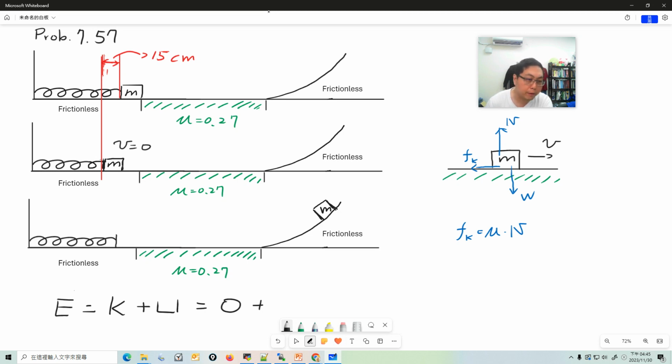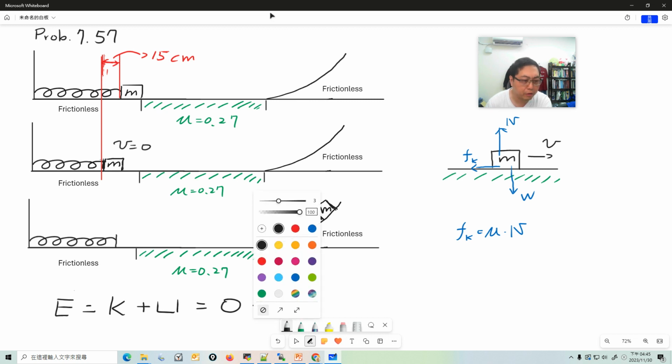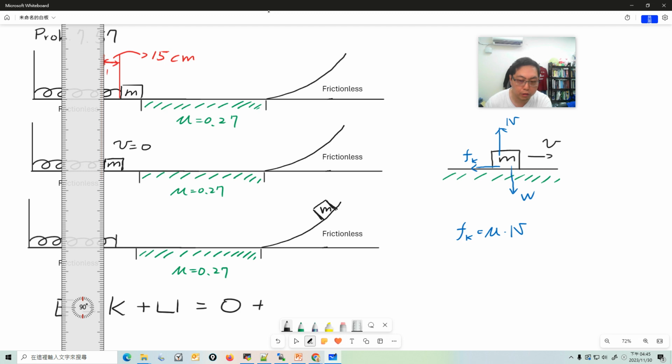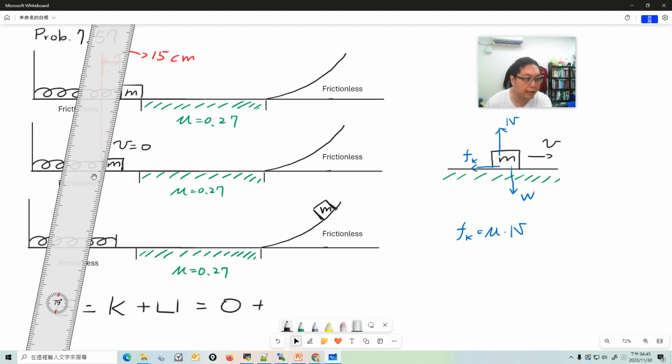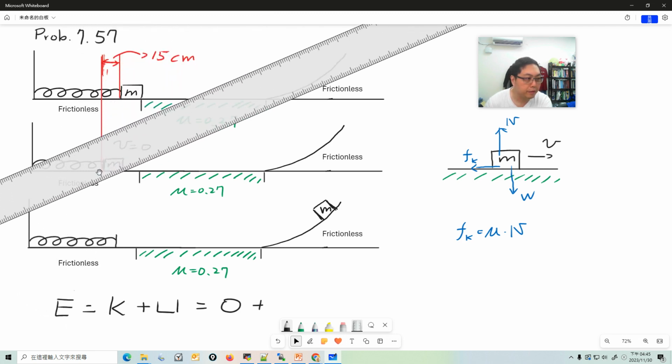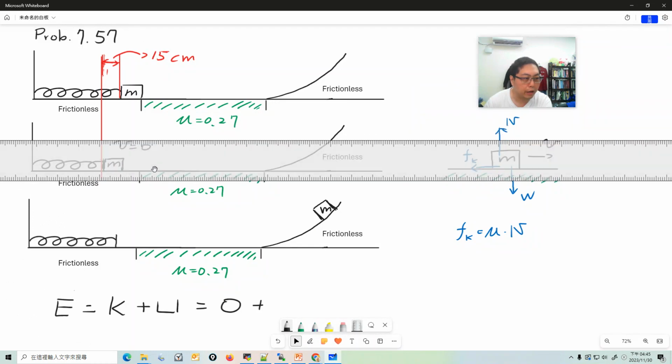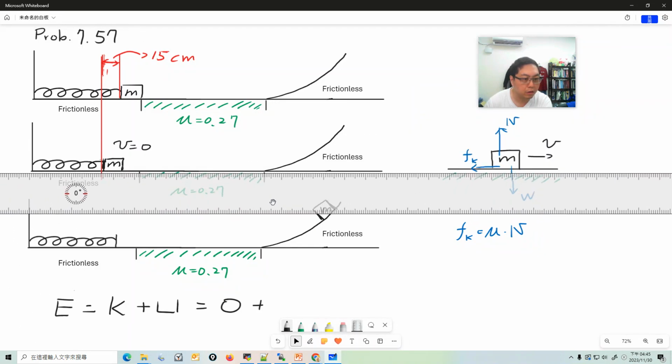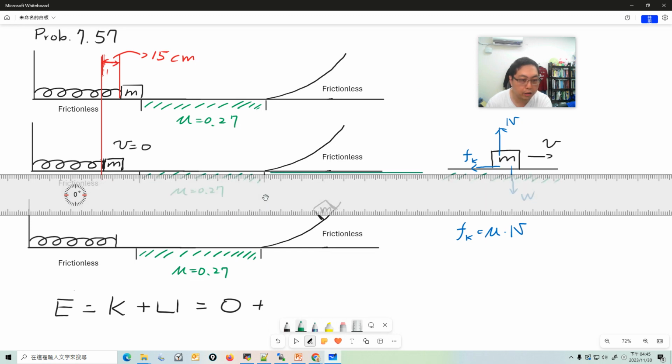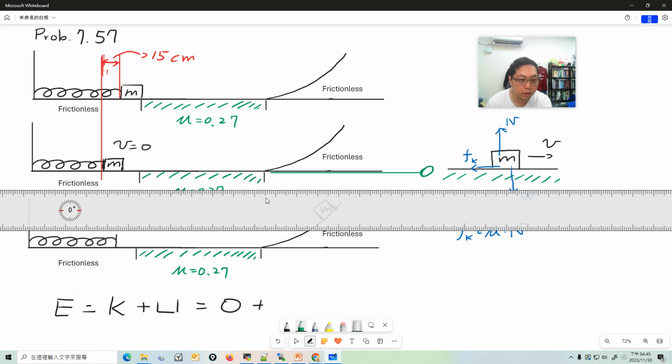For this problem, do we have to consider gravitational potential energy? Kind of, but we can set the origin of height here. I set the origin of the y-axis here, so it's zero.